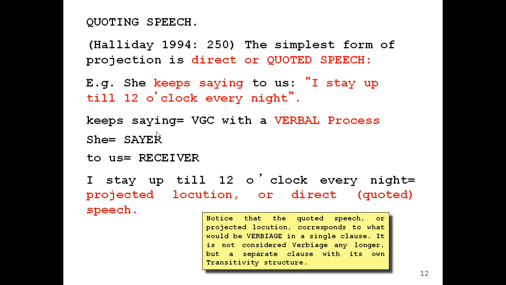That would be verbiage, okay? Or I told him so, verbiage. That's the content of what I said. So this projected clause is a kind of verbiage, let's say, but we don't consider it verbiage because it's a separate clause that can stand alone. I stay up till 12 o'clock every night can stand alone.